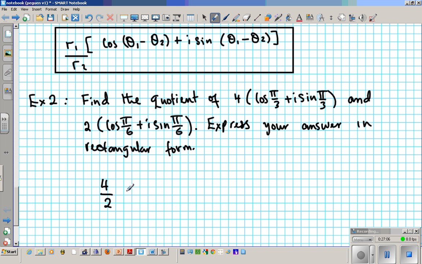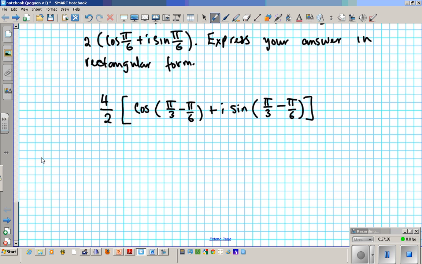You do R1 over R2 times cosine of the difference of the angles, the first one minus the second one, plus I sine the first angle again minus the second angle. Pi over 3 minus pi over 6. Like that.